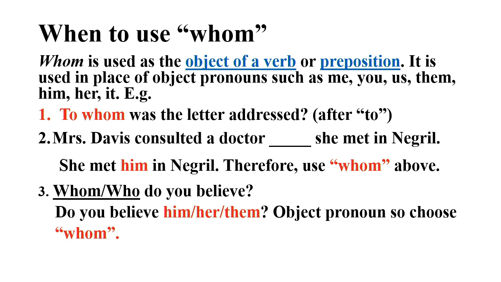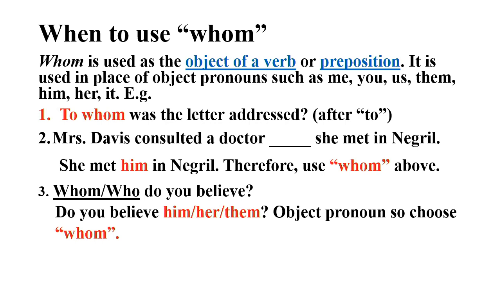Me, you, us, them, him, her, it. For example, to whom was the letter addressed? You would not say to who, to whom, because to is your preposition, and the whom comes after the preposition.